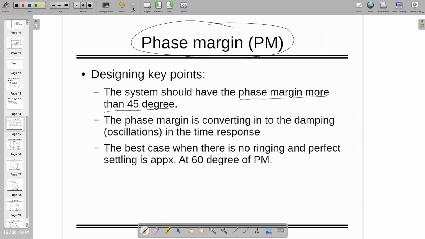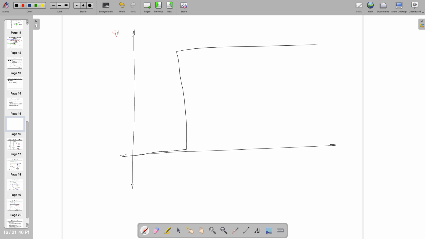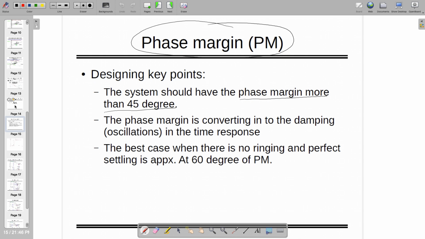This is the reason that when you keep your system in feedback, and if your input is some step response, this is voltage with respect to time, and the output may have some ringing. So it all depends on how much ringing you are seeing, and that acts as phase margin, by the way.